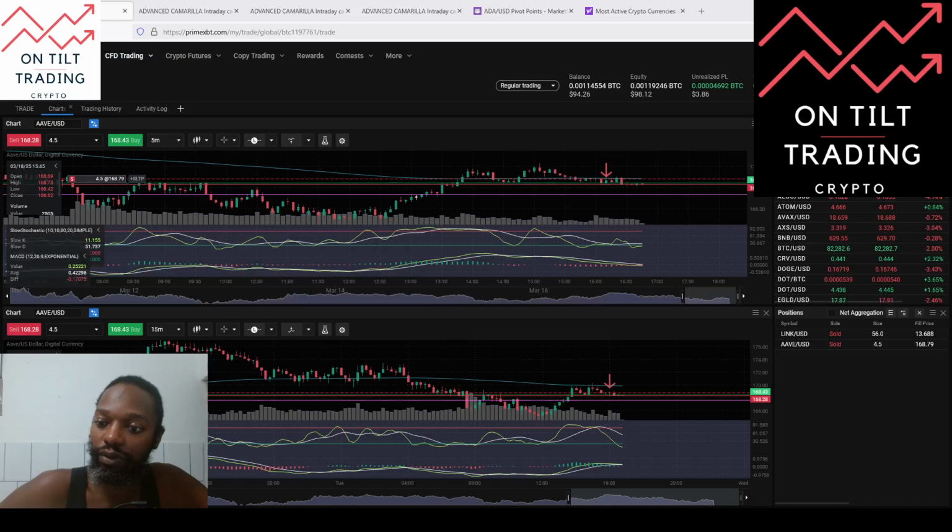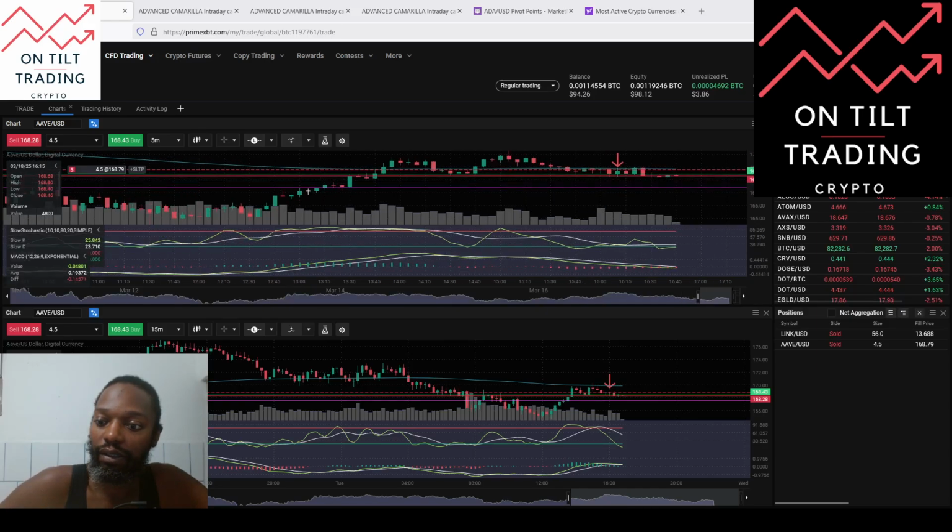So up here on the 5-minute, if you'll pay attention to this area where this is the slow stochastic indicator, this is the MACD. These are the two numbers we're looking at for a crossover, and then we want to pay attention to this number here, the difference.